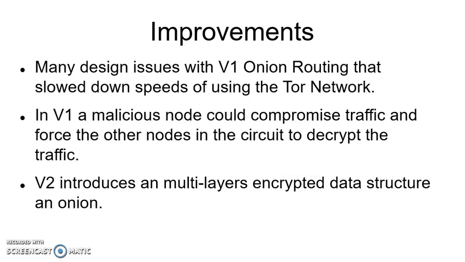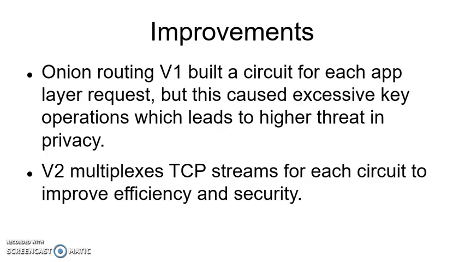Many design issues with the version 1 routing were improved upon in the version 2 routing. In version 1, a malicious node could compromise traffic and force the other nodes in the circuit to decrypt the traffic. In version 2, they introduce a multi-layer encrypted data structure for the onion to protect privacy and security.